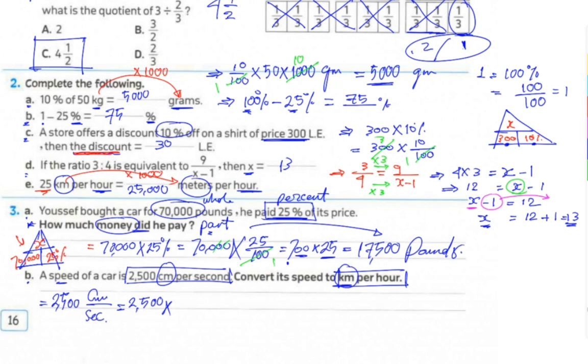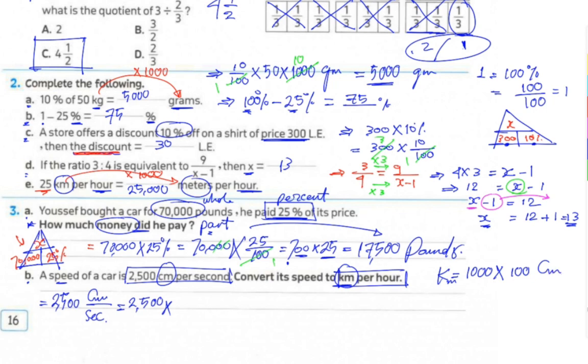Kilometer equals 1,000 meters, and 1 meter equals 100 centimeters. So a kilometer equals 1,000 times 100 centimeters.